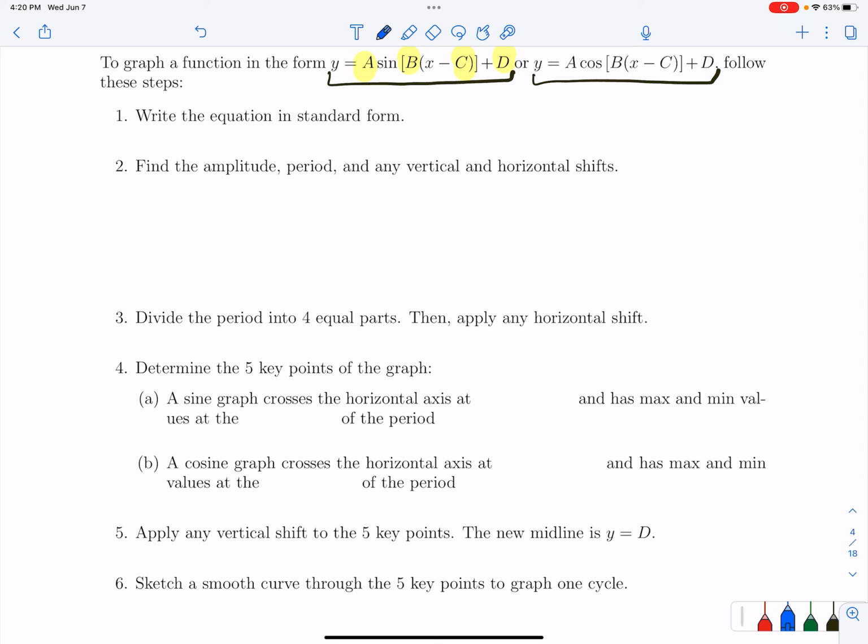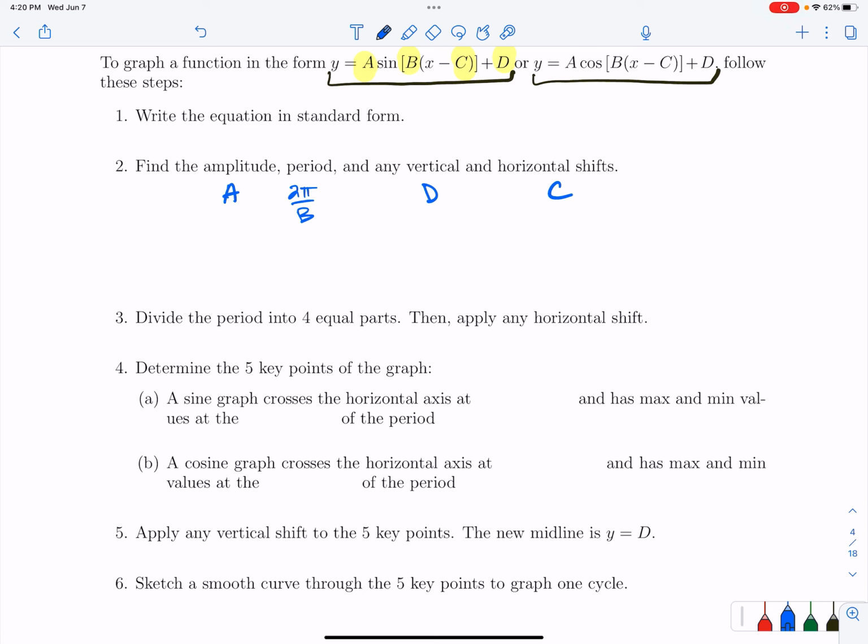The A value corresponds to the amplitude, and you can think of that like a vertical stretch. The period length is 2 pi divided by B, and any vertical and horizontal shift. So the vertical shift corresponds to D, and the horizontal shift corresponds to C. So if we can write the equation in the standard form, all of this information is readily available for us.